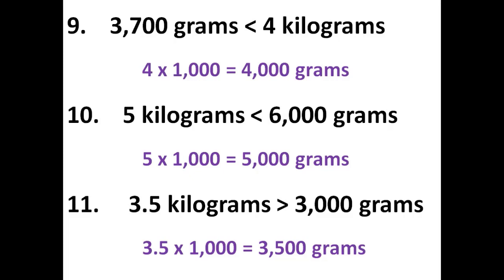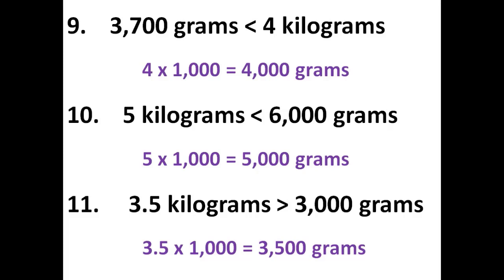Number 10. 5 kilograms is lesser than 6000 grams. See the working. 5 kilograms multiplied by 1000 equals to 5 ones are 5 and 3 times 0, you will get 5000 grams. 5 multiplied by 1000 is 5000 grams.